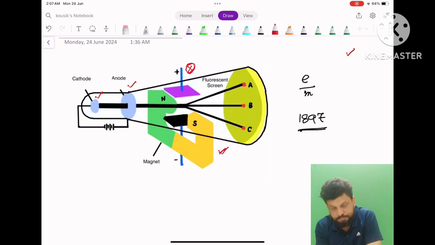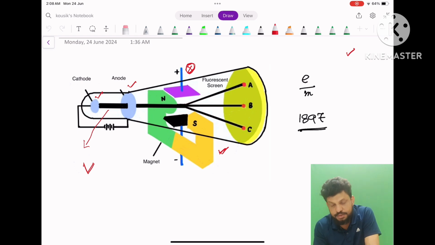Suppose for cathode and anode we give a DC voltage of value V. Here we put a DC voltage of value V, and it accelerates the electrons along the path shown by the black line.